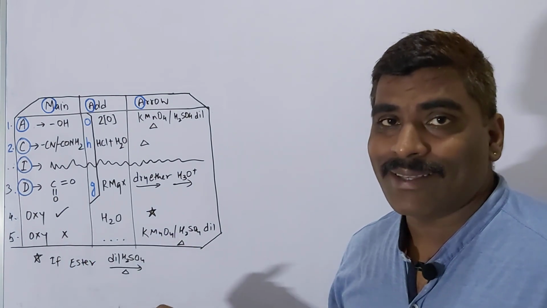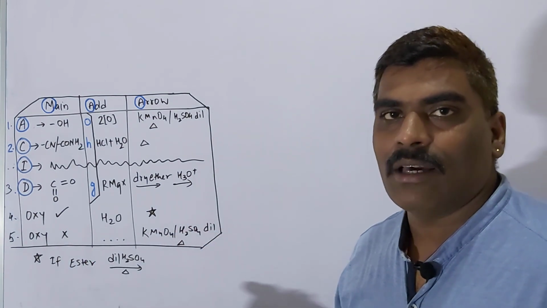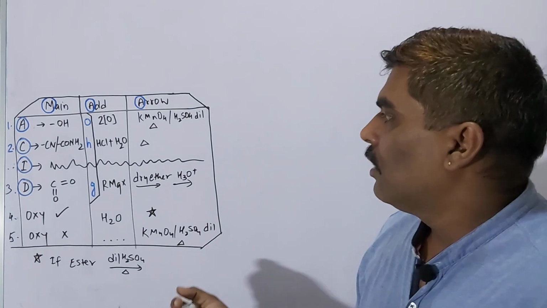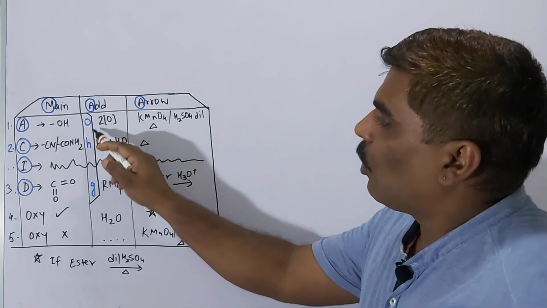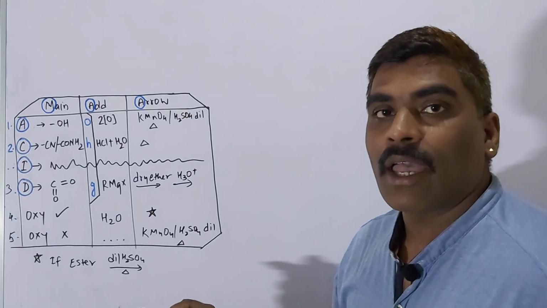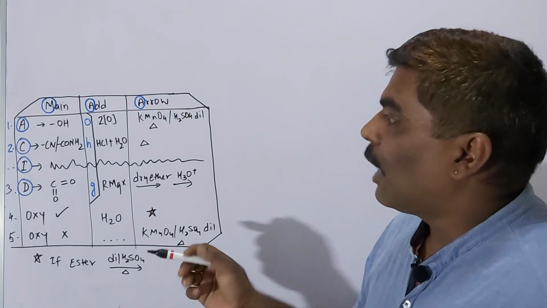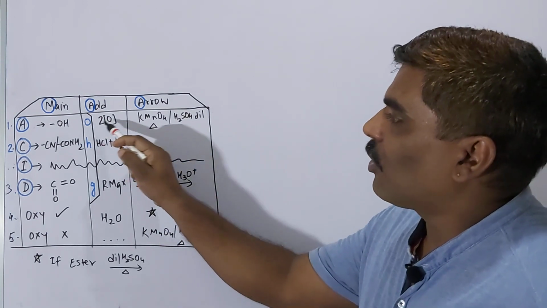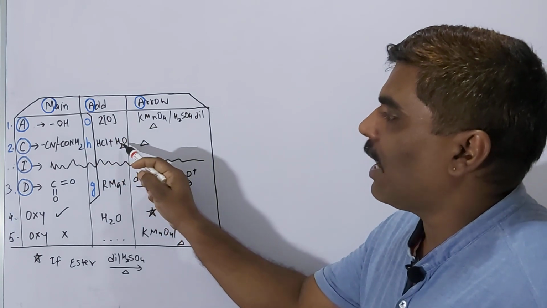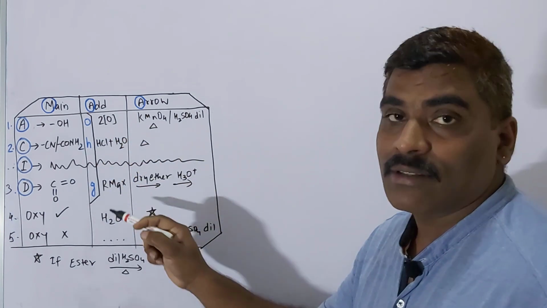That you'll understand when we'll start our question answer. What I have done here is OHG, O help God. How to do this? O for oxidation, H for acid hydrolysis, God is Grignard here.